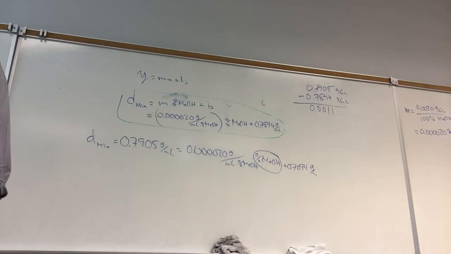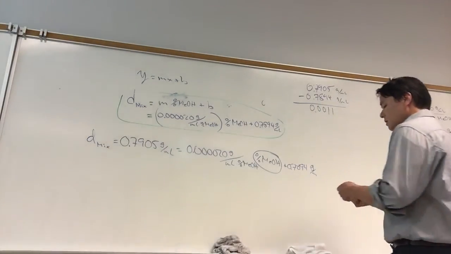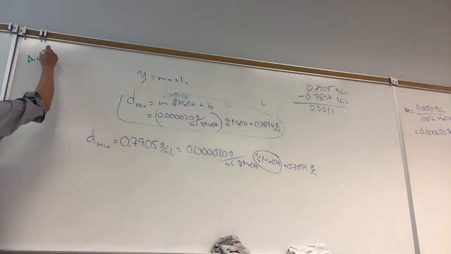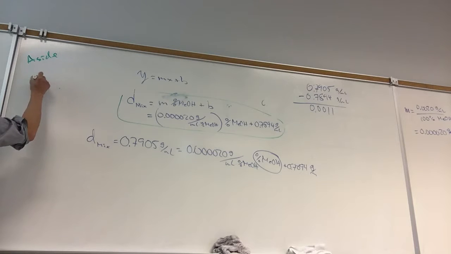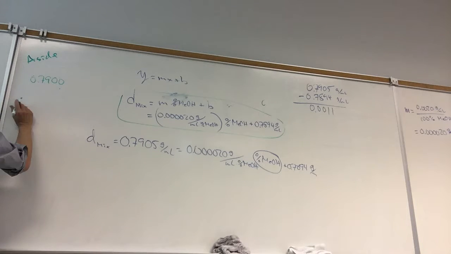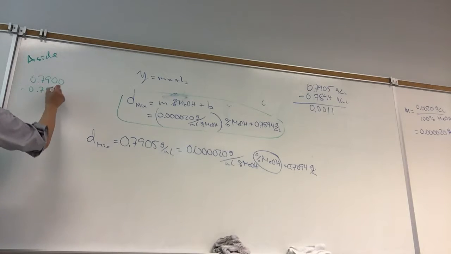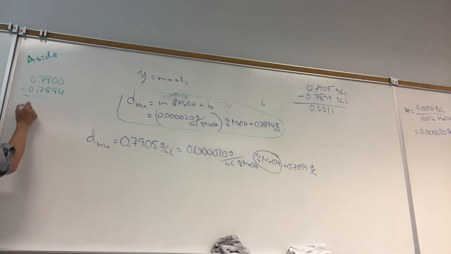If I gave you 0.7900 as the density of the mixture, then what would the subtraction have yielded? And so let's do this as an aside over here. If it were 0.7900, and then I subtract 0.7894 from this, what's my answer? How many sig figs is that?